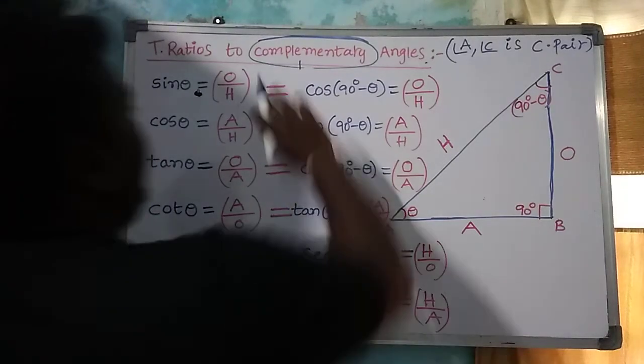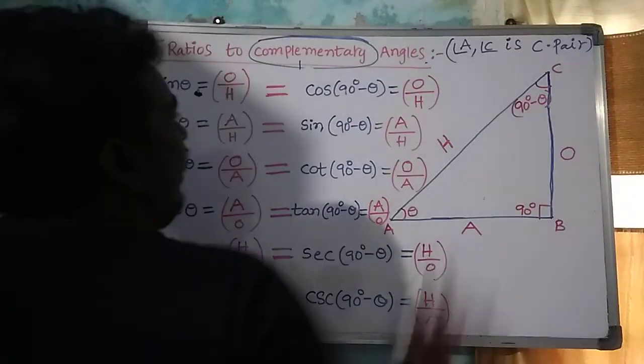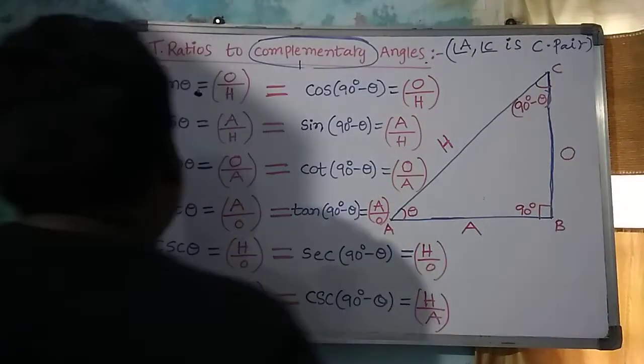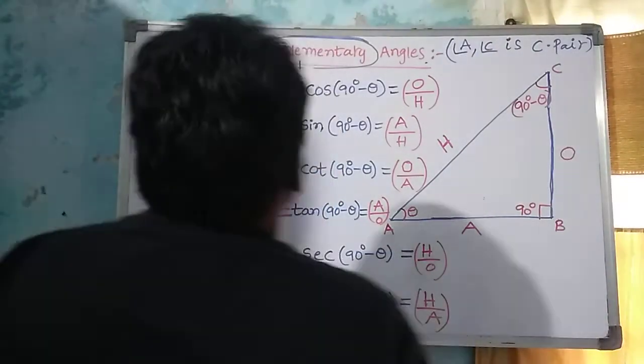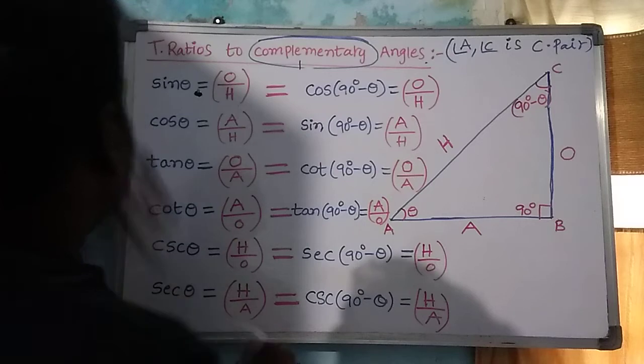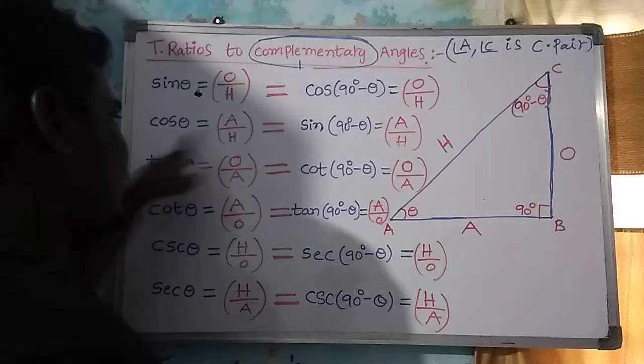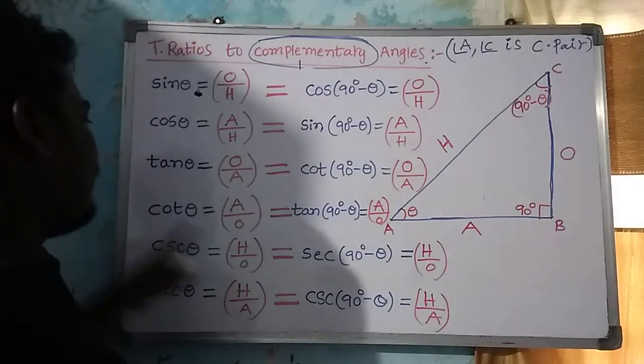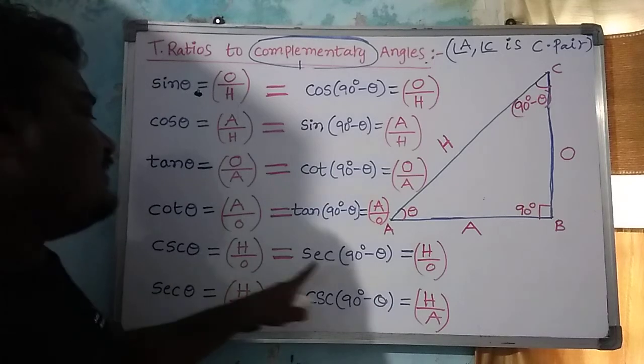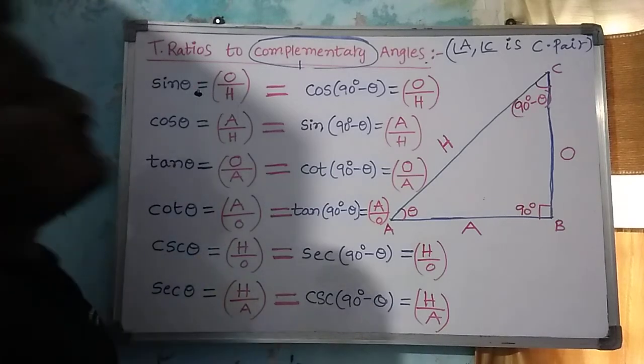If a, b is a complementary pair, then clearly sin is becoming cos, cos is becoming sin, tan is becoming cot, cot is becoming tan, cosecant is becoming secant, secant is becoming cosecant.